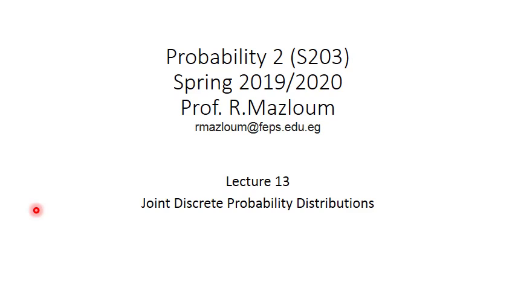I gave you the definition before we start talking about discrete or continuous, because the definition and the properties are the same for discrete and continuous. The calculation differs, because if you want to get the CDF for discrete, you are going to use summation. If you get it for continuous, you will use integrals. That's the only difference. But the definition is the same. The properties are the same.